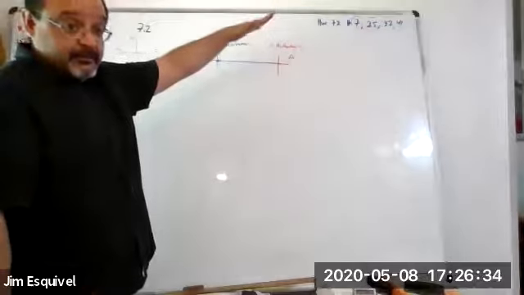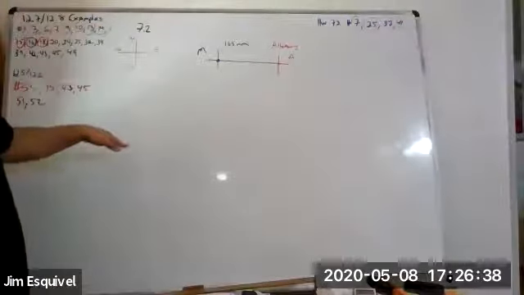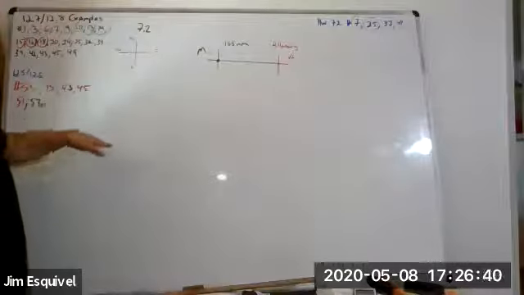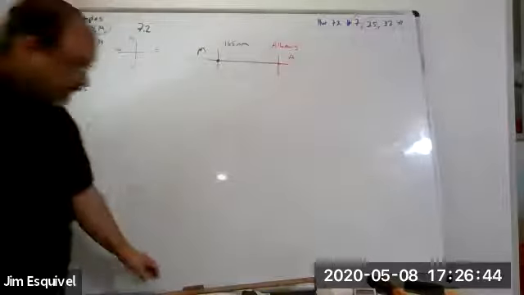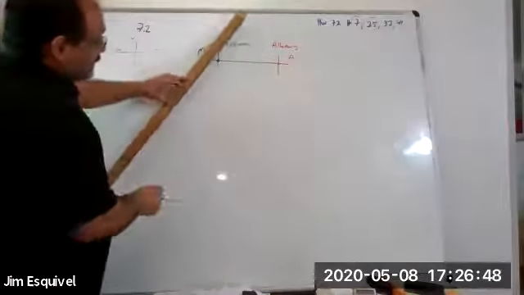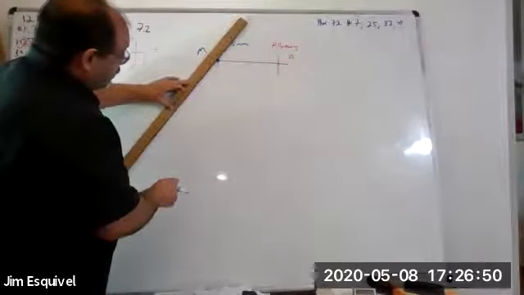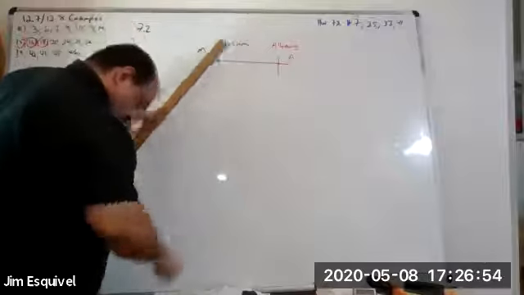Phoenix is in Arizona, and Arizona is in the southwest over here by California and Mexico. So hopefully you know that at least we're going to be heading somewhere over here.